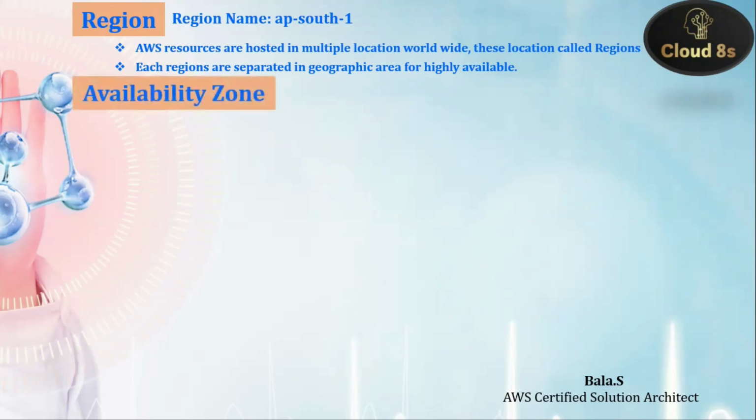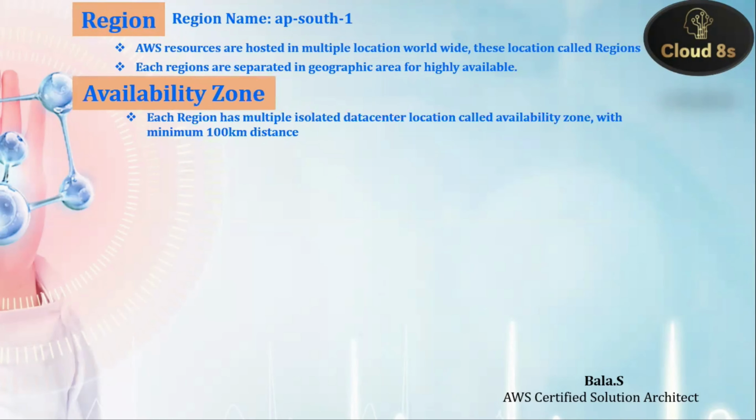Another concept we need to know about is the availability zone. As I mentioned, in each region AWS hosts data centers in different places, and those locations are called availability zones. AWS maintains a minimum of three availability zones for each region.